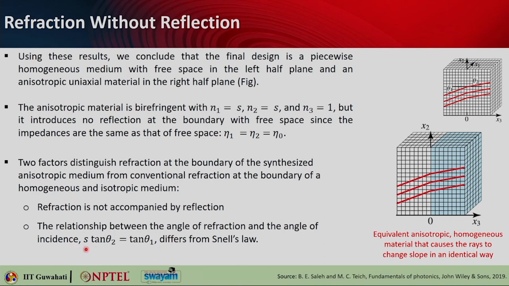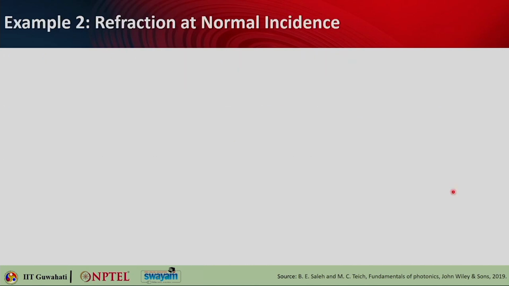Here it is S tan theta 2 equals tan theta 1. So this is different from Snell's law. You can actually define your own law if you have your own material, okay. This is how you can get your desired refraction without any reflection if you are able to realize this anisotropic uniaxial material, okay.